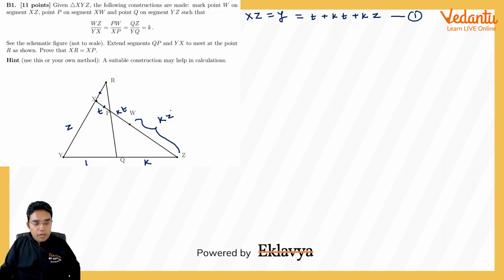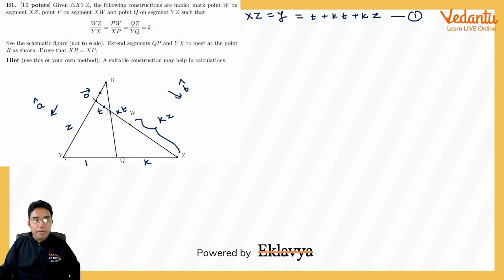So first of all, to do this by vectors, I will assume this X to be the origin. So its position vector will be O. And let us assume a unit vector a cap along this side XY and unit vector b cap along XZ.